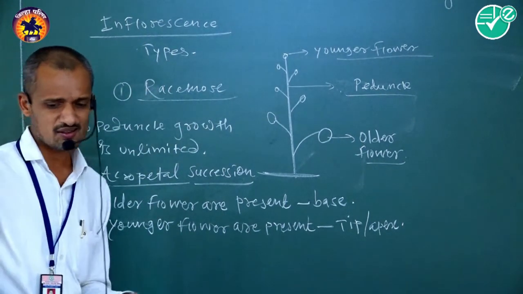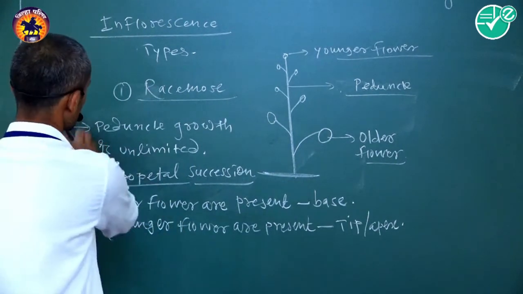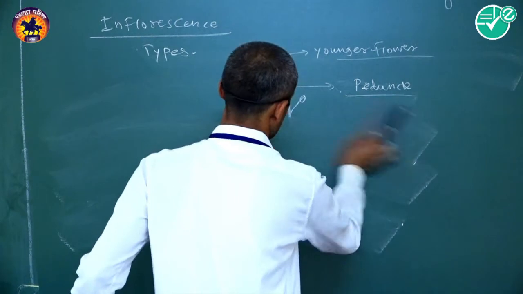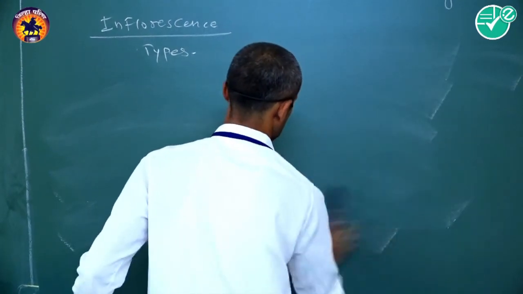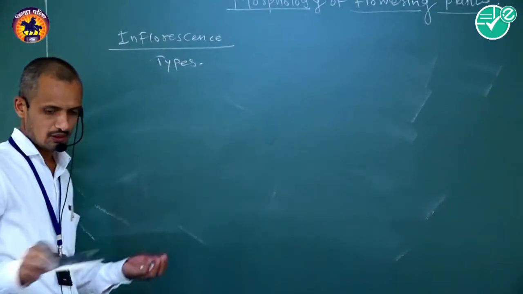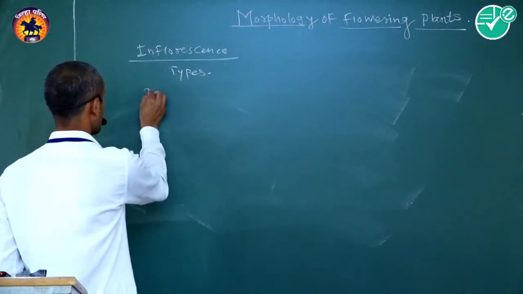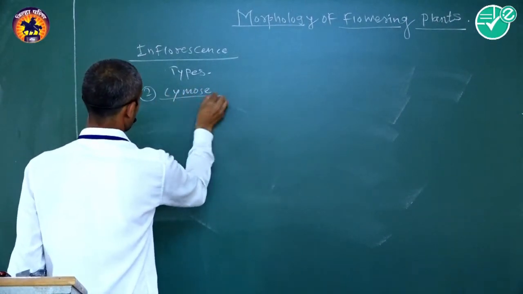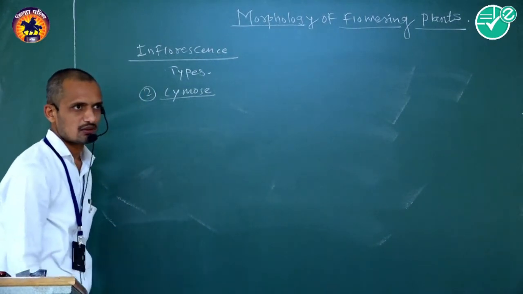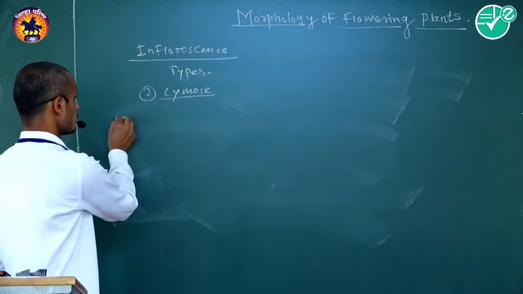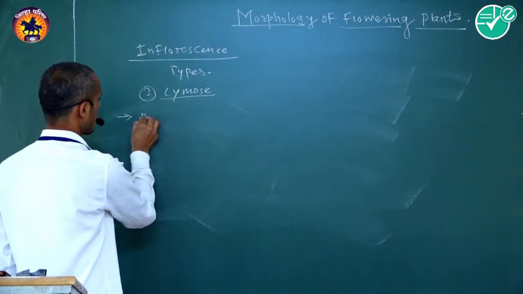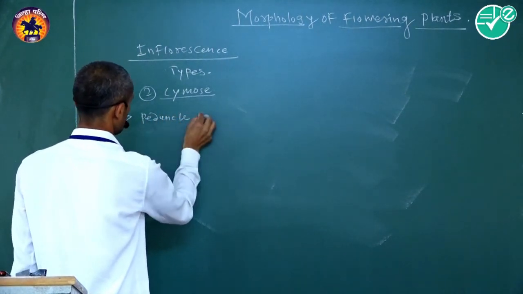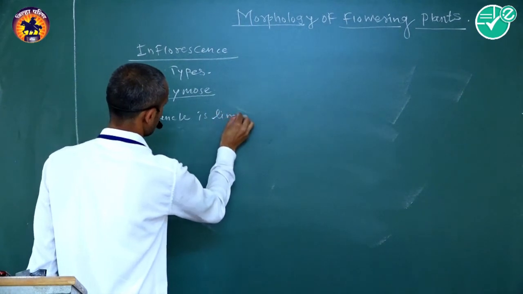Then the second one is cymose inflorescence. In this type, the growth of the inflorescence axis or peduncle is limited.